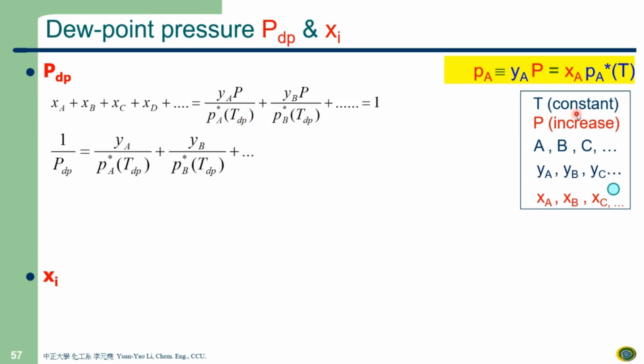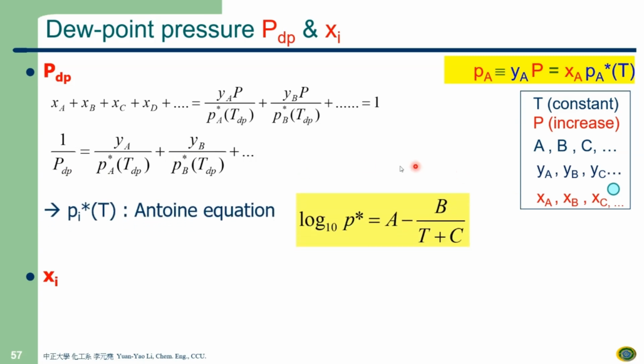Because the temperature is constant. So you put the temperature in here, and then you get this answer according to the Antoine equation, right? What you don't know is the total pressure. And this is what you know, because this is the molar fraction in the gas phase. So all you don't know is this one. This is unknown. So you take this out and make this become 1. So in the end, you will get this answer.